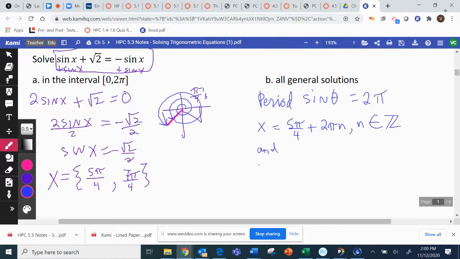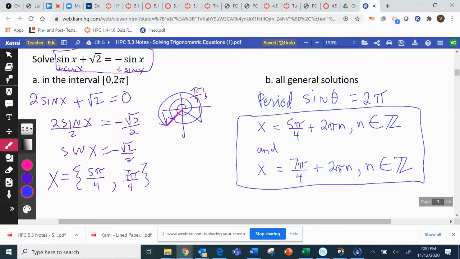We also have a solution at 7 pi over 4, which we can use the period to go around multiple times. So we're going to add on 2 pi n, where n is an integer. This would be the general solutions, every single answer that would ever work.